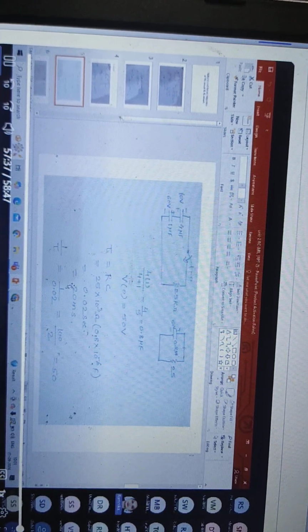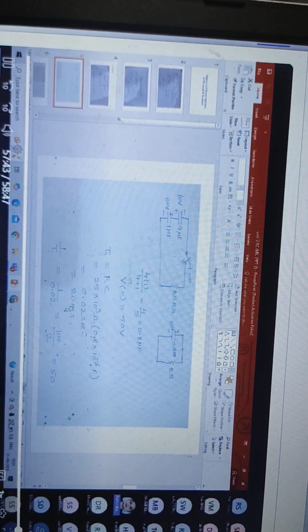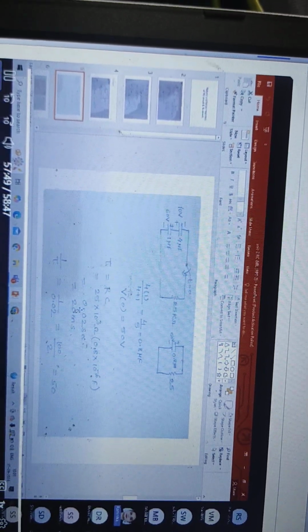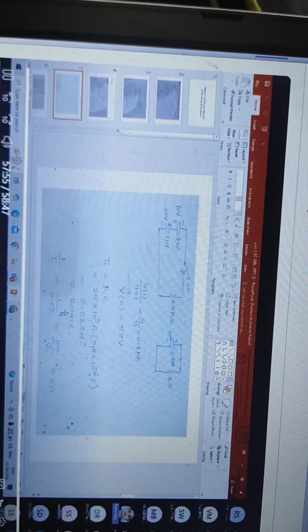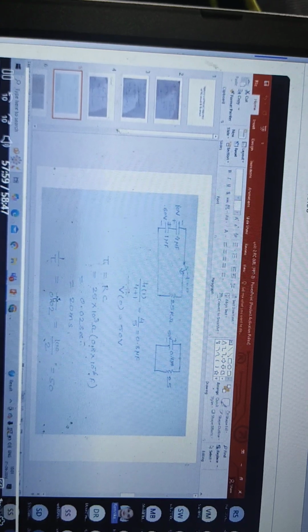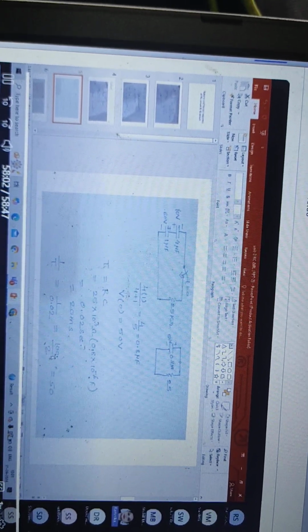So the initial voltage V of 0 is 50 volts. Tau equals RC, with R equal to 25 and C equal to 0.8. Multiplying gives 0.02 seconds, which is 20 milliseconds. So 1 divided by tau is 1 divided by 0.02, which is 50.